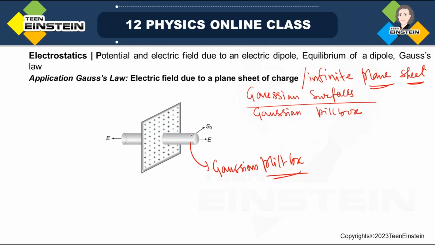The pillbox is just at the surface. This is exaggerated to show you how we take the Gaussian pillbox, in terms of cylindrical symmetry.